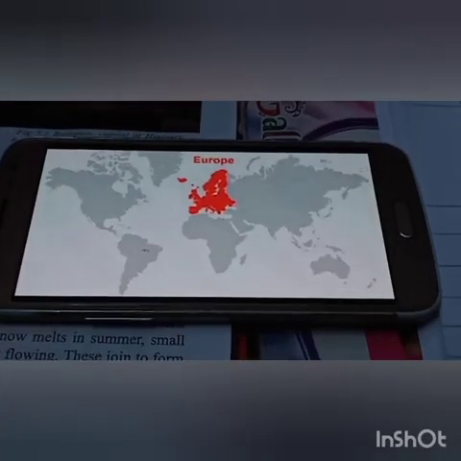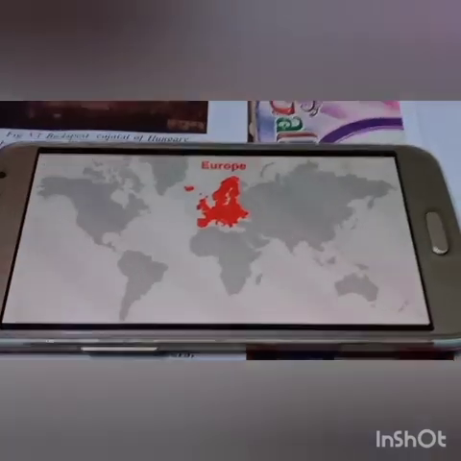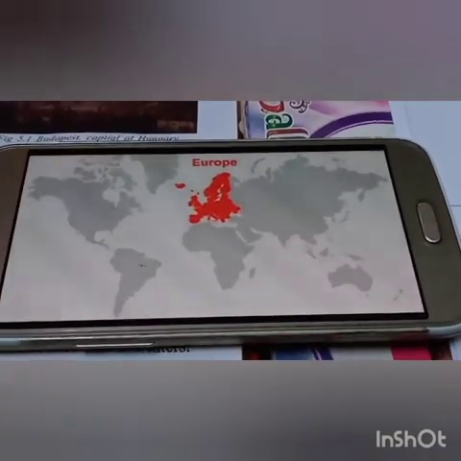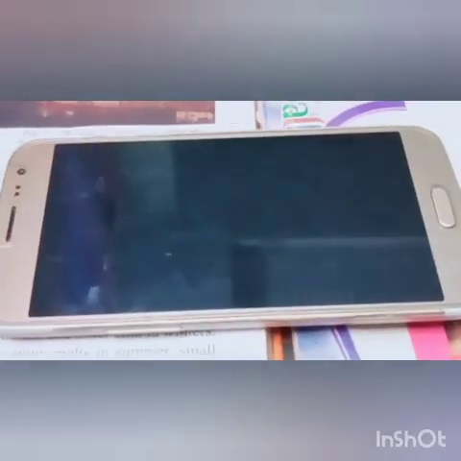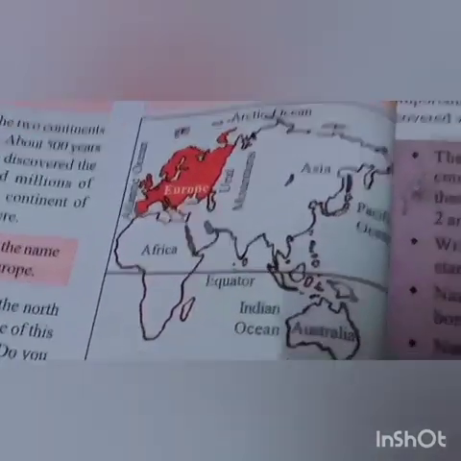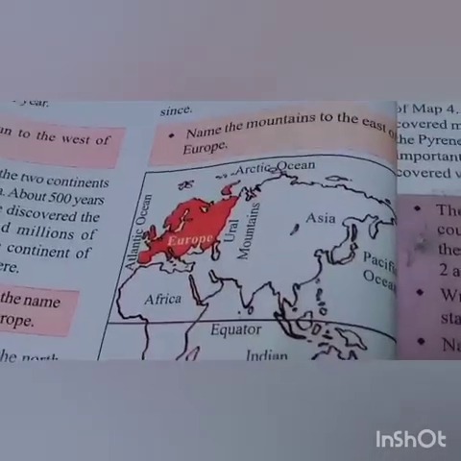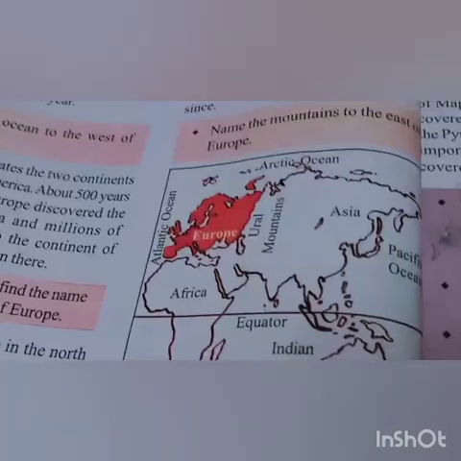This is a world map, and regarding the continent of Europe, see the boundaries of Europe. Let me observe this once.